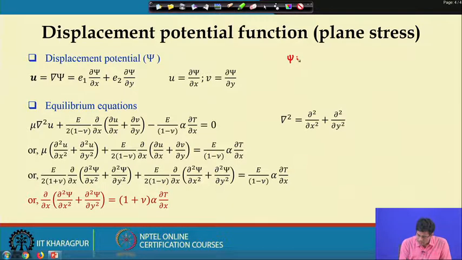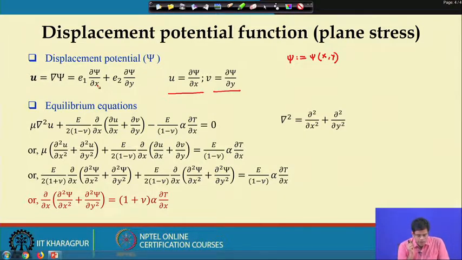Similar to the earlier case, psi is a function of x and y, and it is related to the displacement as u equals del psi del x and v equals del psi del y. Now, E1 and E2 are the unit vectors along the u and v displacement directions, that is the x and y directions. So the u vector is written in this form, by taking the del or nabla operator outside.